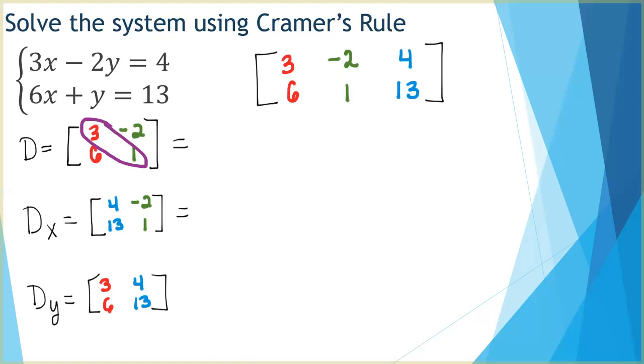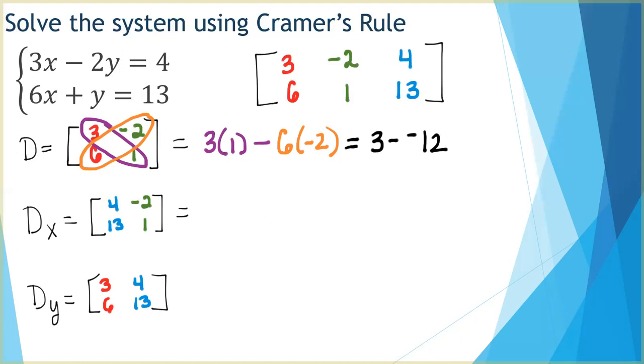And then I'm going to multiply, so I have 3 times 1 minus 6 times -2, which is equal to 3 minus -12, which is 15.